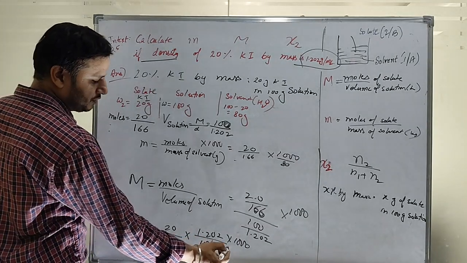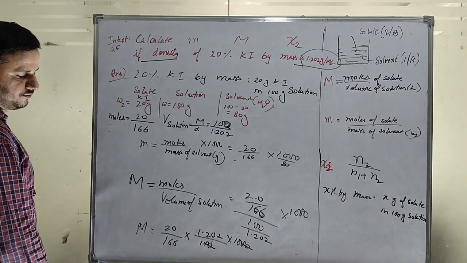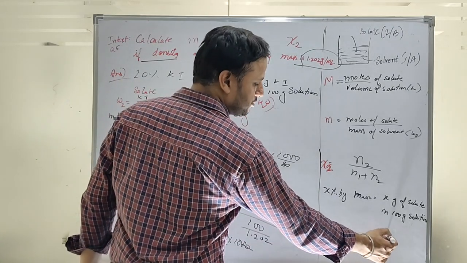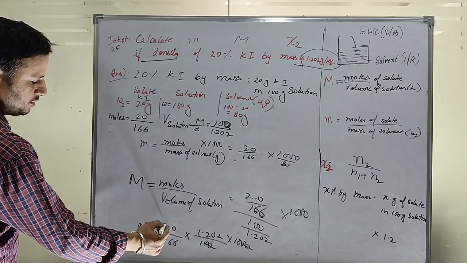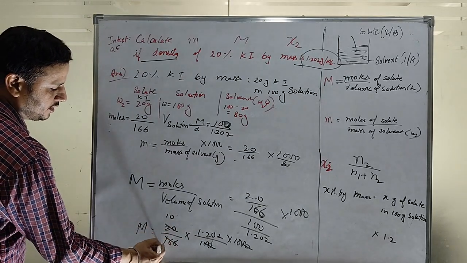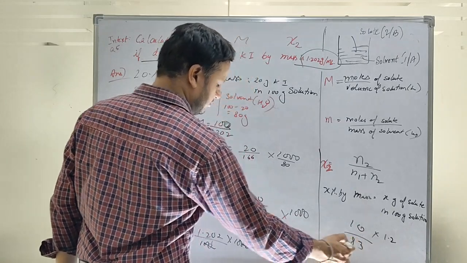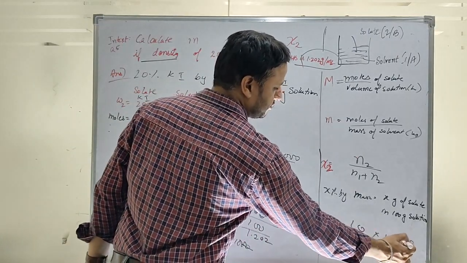ये दो जीरो यहां से कैंसिल हो गई. Then we have to solve it further. As 1.202 को हम रफ में we can take as 1.2 and this becomes 10 by 83. So 10 over 83 और यहाँ से भी एक 10 बच गया तो into 10.